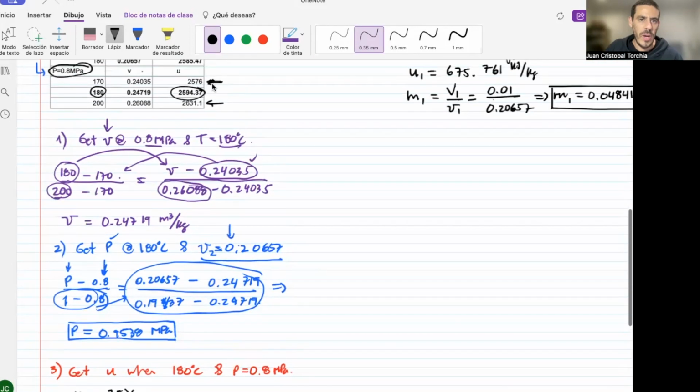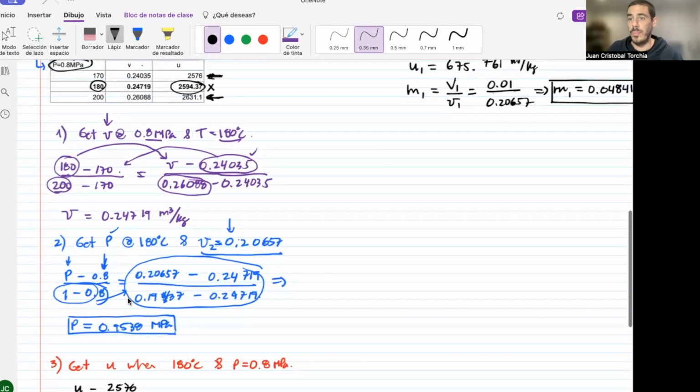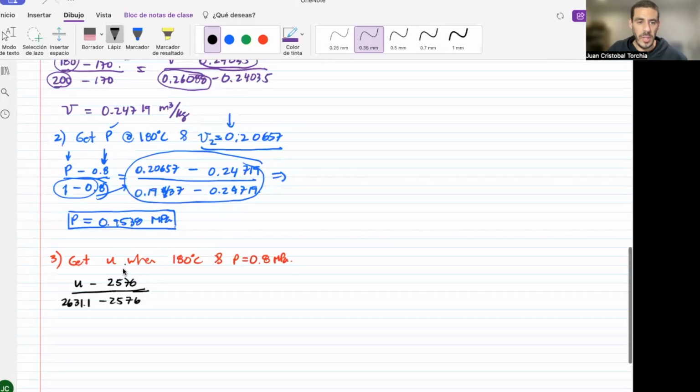It's like a sandwich: you put the one that you don't know yet, so you put 2631.1. It doesn't really matter which one you put first. Instead of the 2,500, you could put the 2,600, but you need to put them correspondingly.